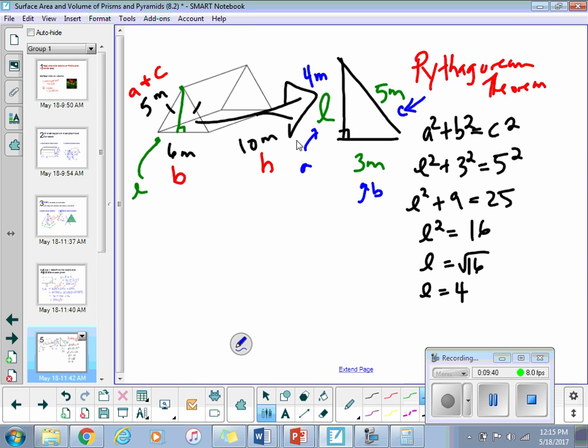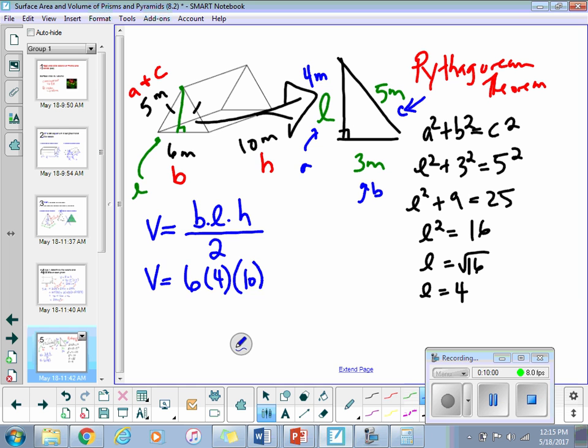Then I want you to look at the equation for the volume of this shape. That would be base B, L, H, all multiplied, then divided by 2. So V is going to equal 6 times 4 times 10, all of that divided by 2.